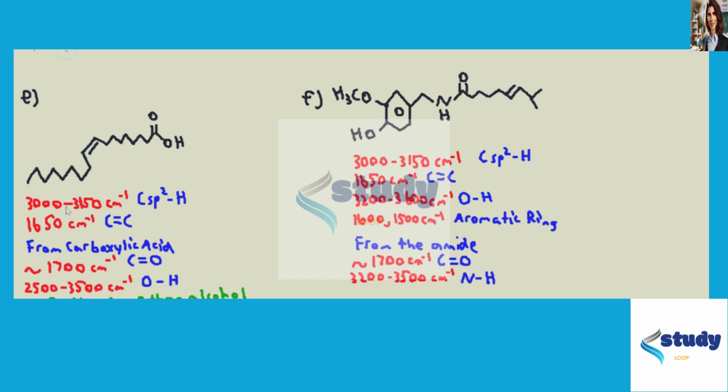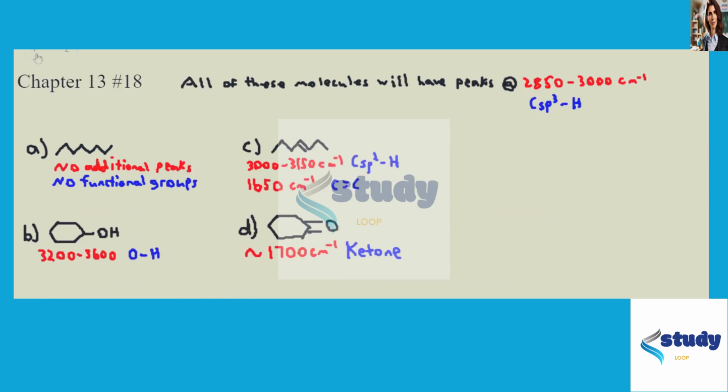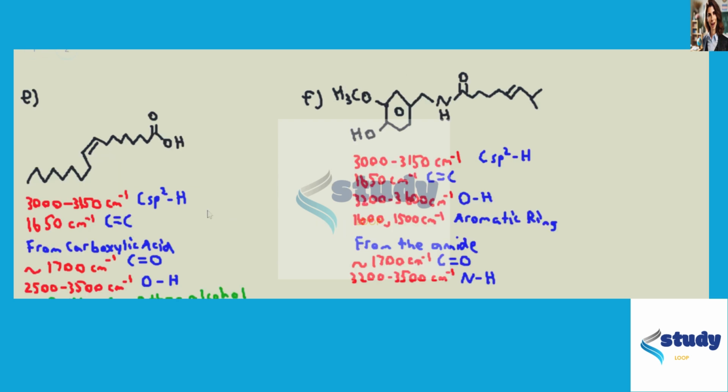The alkene is going to be no different than the alkene in C was. So the peaks are going to show, maybe not at exactly the same spot, but certainly in the same range. So again, C-sp2-H bond 3000 to 3150, carbon-carbon double bond 1650.